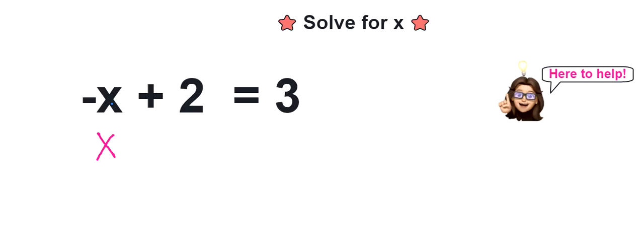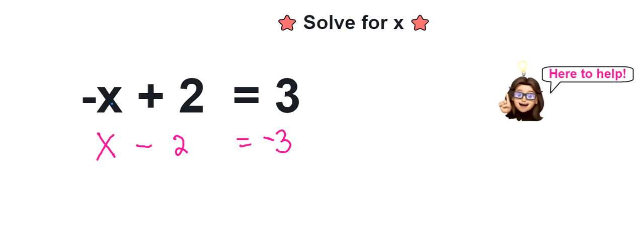That negative x becomes a positive x, the positive 2 becomes a minus 2, and the positive 3 becomes a negative 3. Now I've changed all the signs. So by changing all the signs, you're not changing the equation, as long as you don't forget to do it for all the signs.